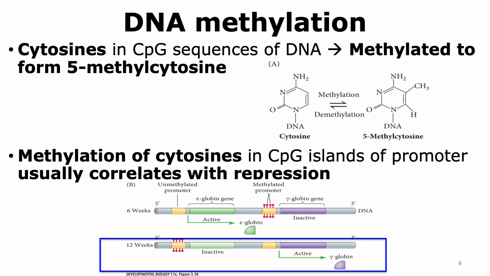In the case of a 12-week embryo, now we can observe that the epsilon globin gene's promoter is methylated, and hence it is inactive and no transcription occurs. Hence, there is no protein of epsilon globin that is made. On the other hand, the gamma globin gene's promoter is no longer methylated, and hence it is now transcriptionally active. Thus, DNA methylation can modulate transcription of genes.